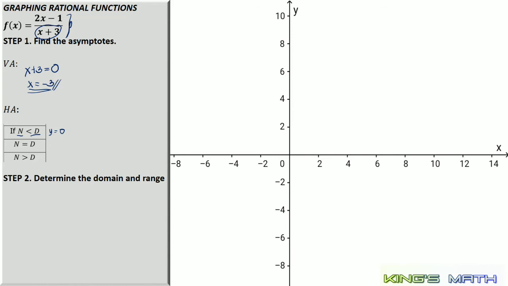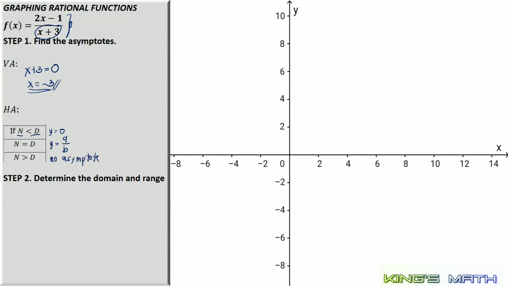If the degrees of the numerator and the denominator are equal, then the horizontal asymptote is y equals a over b, wherein a over b is the ratio of the numerical coefficients of the leading terms. The leading term is the term that has the highest exponent in an expression. If the degree of the numerator is greater than the degree of the denominator, then there is no horizontal asymptote.